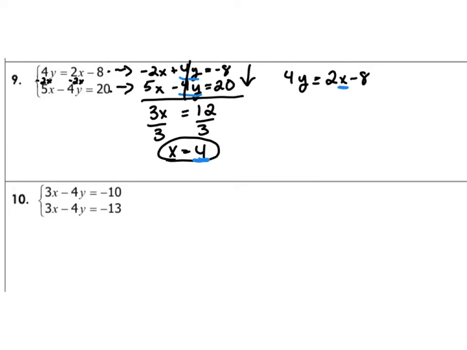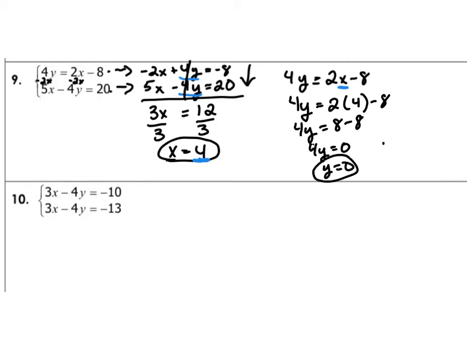So 4y equals 2 times 4 minus 8. So 4y equals 8 minus 8. We know 8 minus 8 equals 0, so 4y equals 0. So y equals 0. So our solution would be 4, 0.